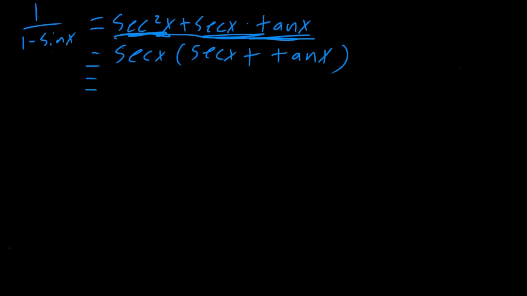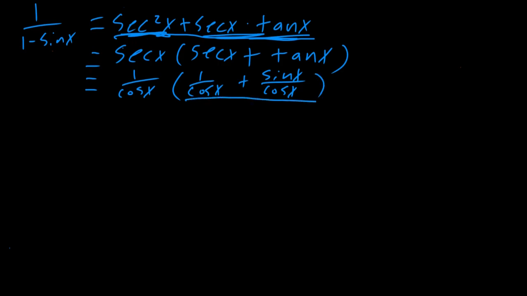Now what we're going to do is convert everything to sines and cosines. So we have 1 over cosine of x, over cosine of x again, and then sine of x over cosine of x. We can combine this into one term.